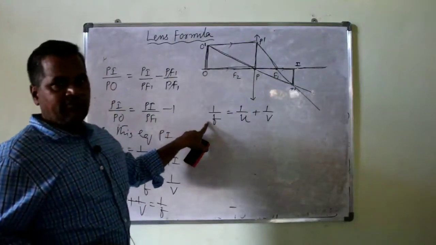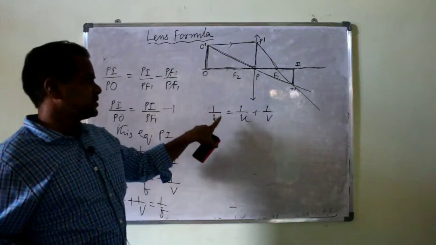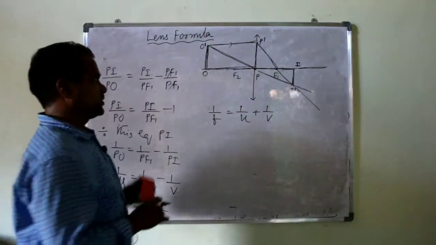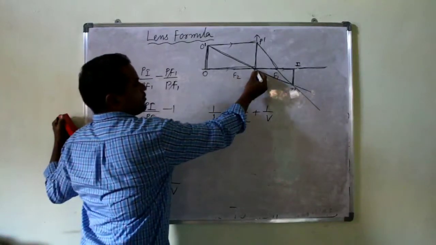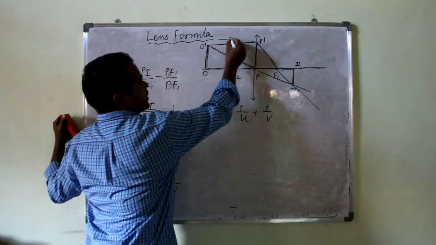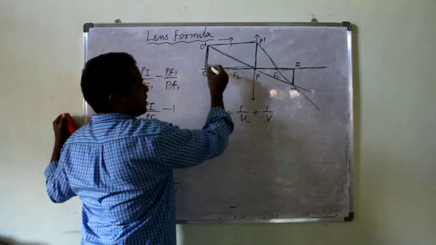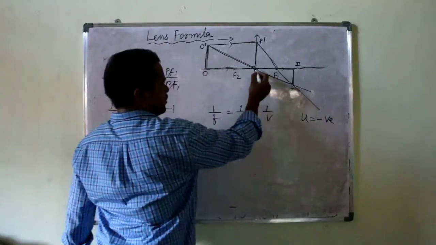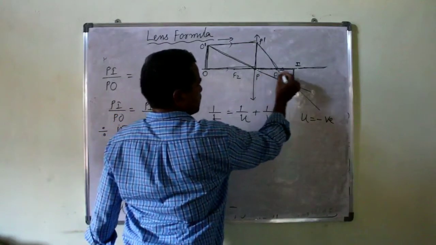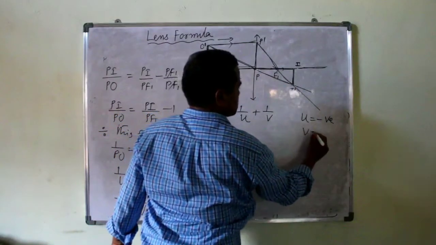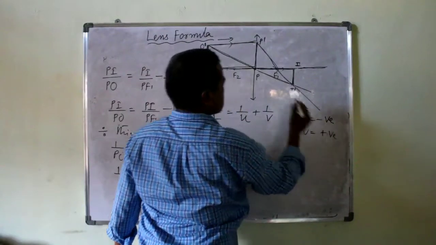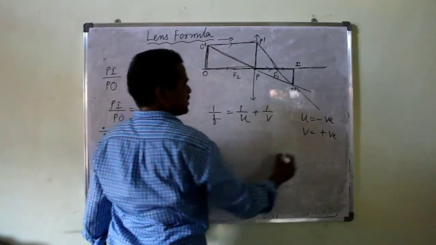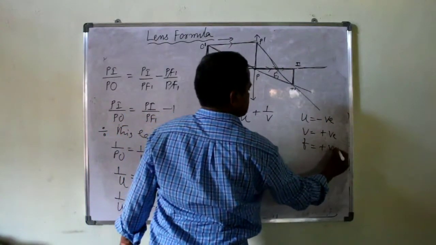But to generalize this equation, we have to apply sign conventions. Here we are measuring the distance of the object opposite to the incident light direction, so U becomes negative. While measuring the distance of the image, we are moving in the direction of the incident light, so V becomes positive. While measuring the focal length, we are moving in the same direction of the incident light, so F is also positive.